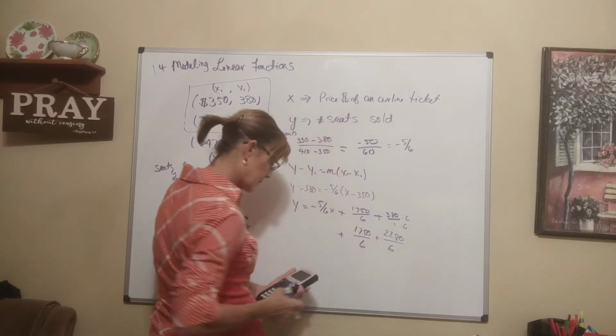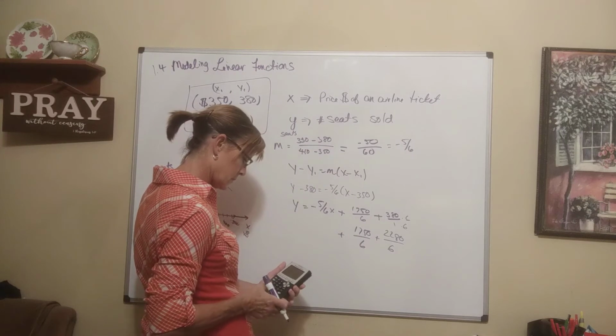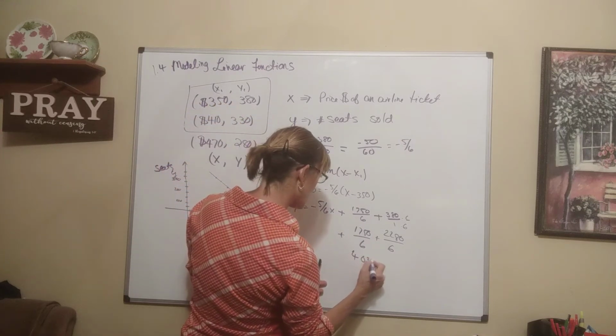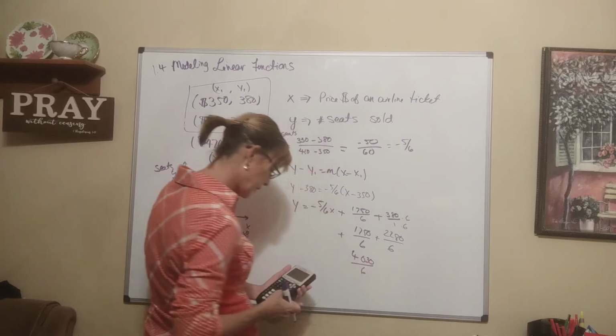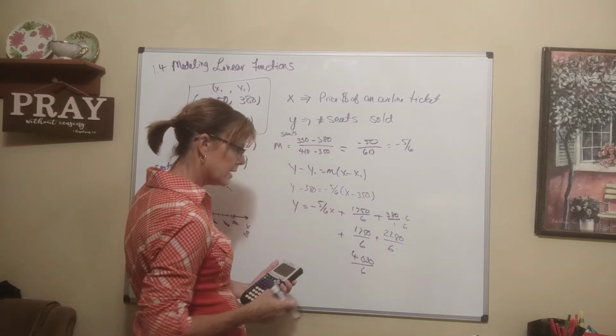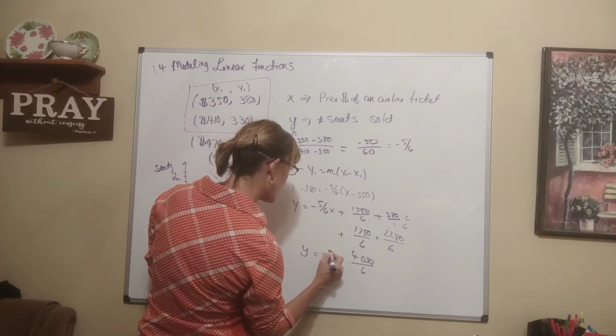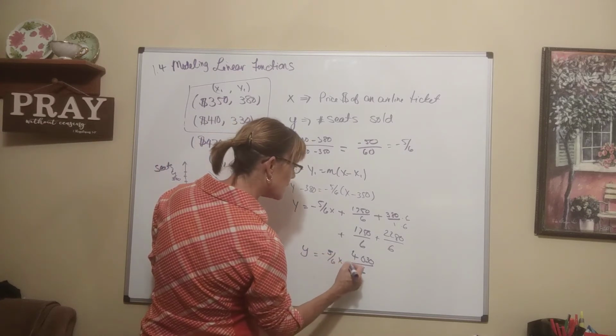If I add those two numbers together, I get 4030 divided by 6. I wonder if that goes in evenly. I don't even know. It doesn't. Okay, y is negative 5 over 6x plus this.